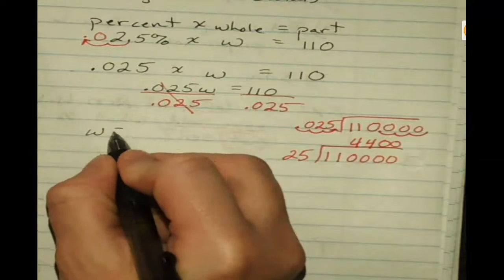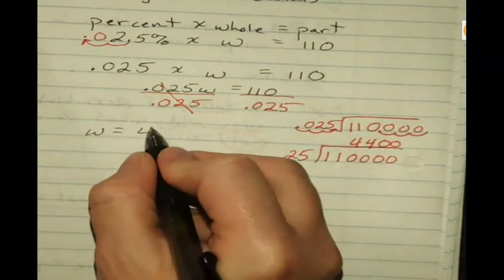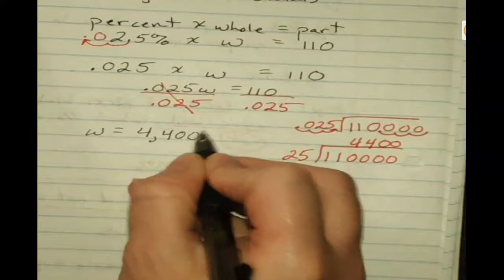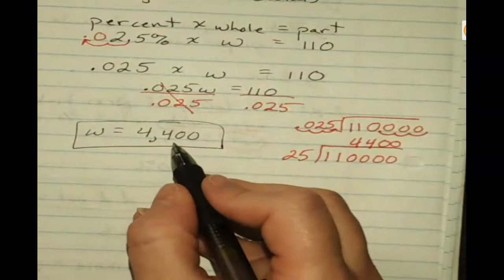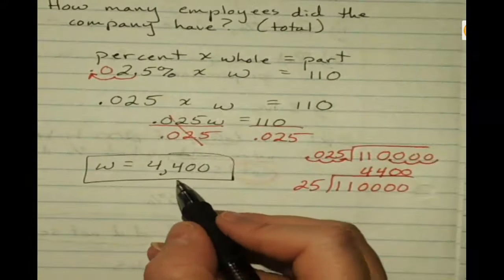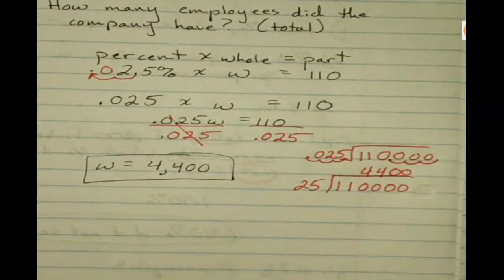So W would equal 4,400. So the company has 4,400 total employees. Only 110 have advanced degrees.